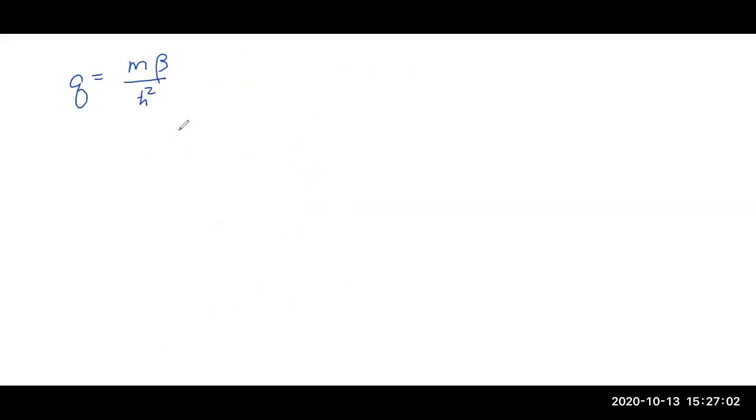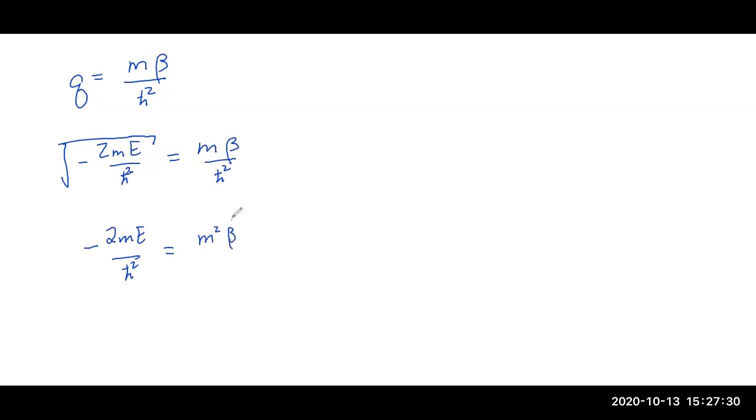Does anybody remember what q was? Well, if we look back, this is minus 2m times the energy over h bar squared, which I'm going to take the square root of, and this is equal to m beta over h bar squared. So remember that E was negative, right? I'm going to square both sides, so I get minus 2mE over h bar squared, and this is equal to m squared beta squared over h bar squared times h bar squared.